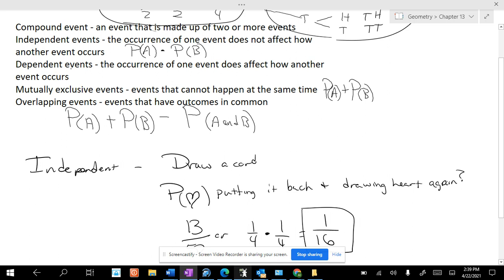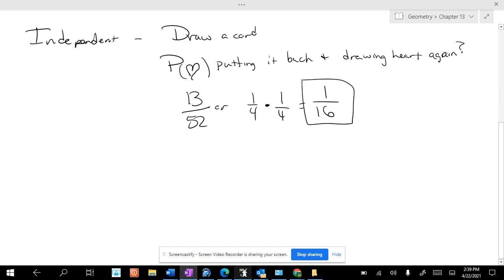The next one we talk about is dependent events, how the occurrence of one affects another. So we're going to do that with a dependent. What's the probability of drawing a heart, not putting it back, and drawing a heart again?